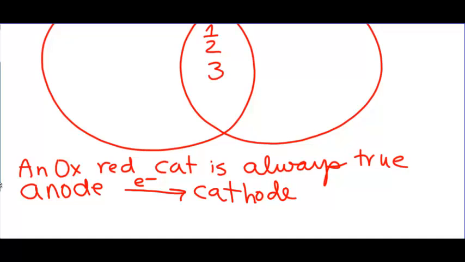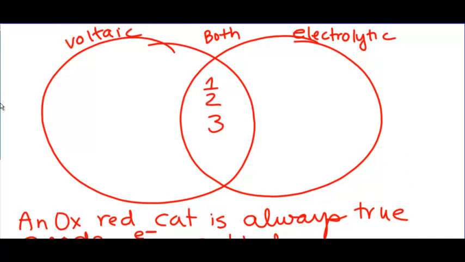Number four says a redox reaction occurs spontaneously. That's in a voltaic cell. Number five, a redox reaction is not spontaneous. That's an electrolytic cell. The anode is positive. That is one thing that's different. In an electrolytic cell, the anode is positive. So that's only true in an electrolytic cell.